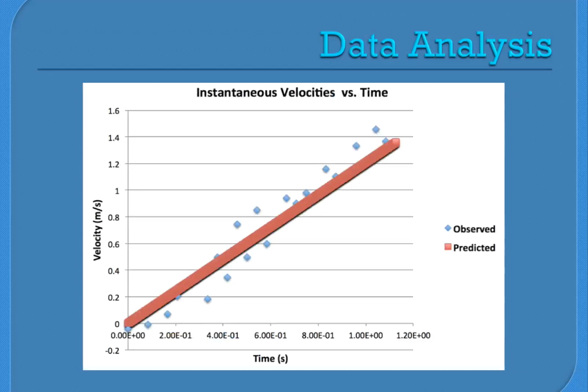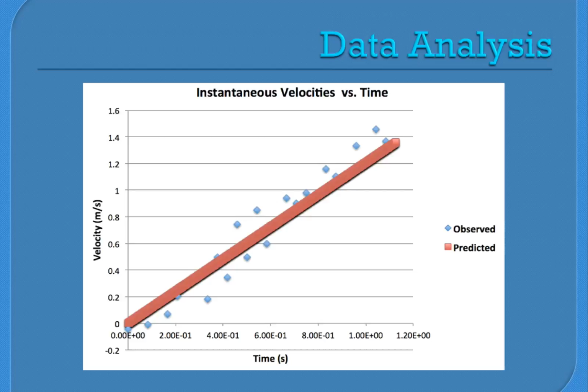And as you can see, the observed actually doesn't follow as linear a correlation as the predicted, but it does display a linear relation. And so from this, I could tell that there was constant acceleration, because as you know, the acceleration is the time rate of change of velocity, and the derivative of a linear display, as you see here, is a constant value.